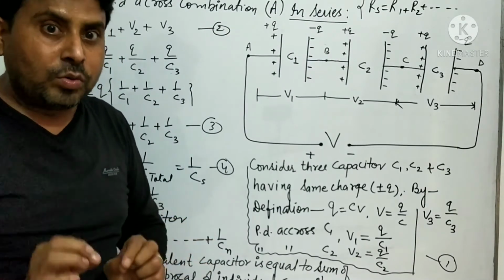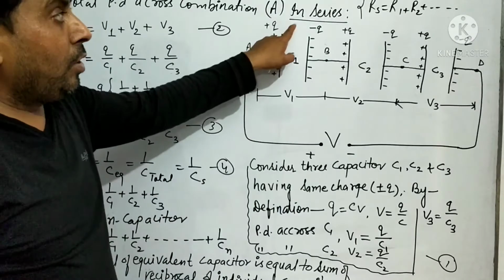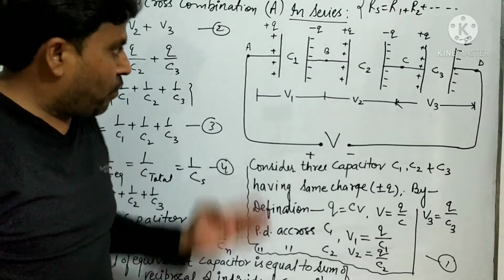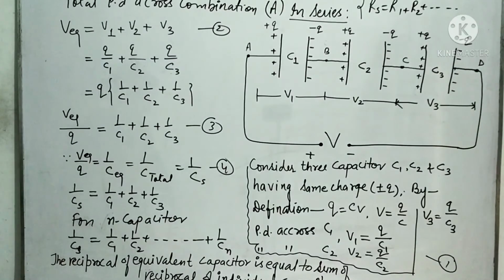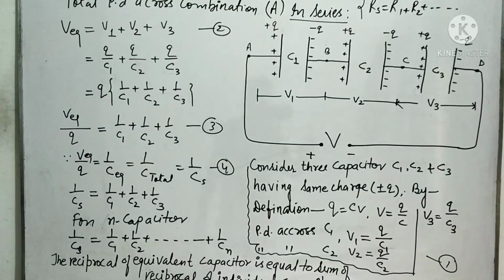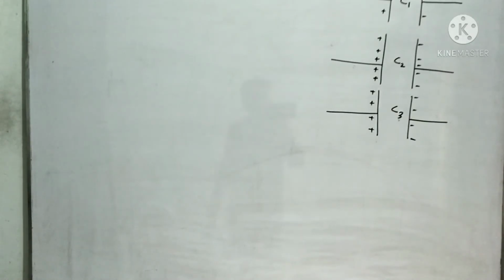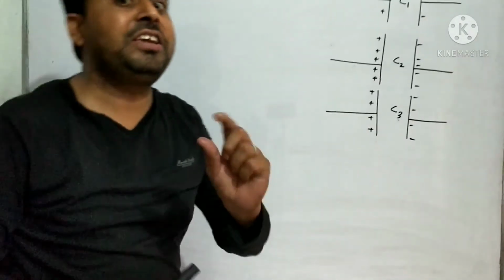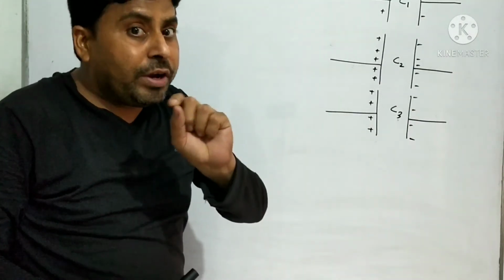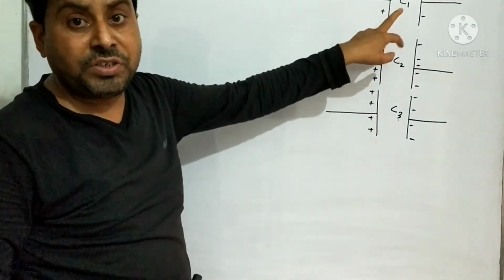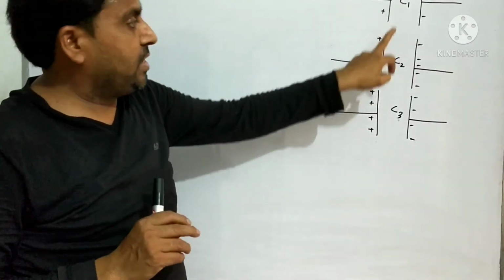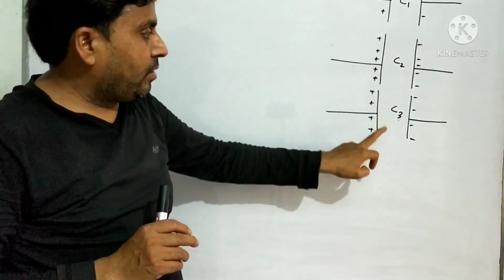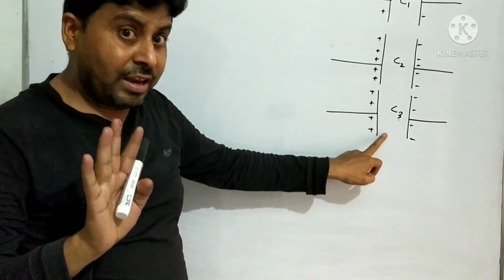Now the turn of the parallel combination. I want to rough out the material; you can take one screenshot. Now consider the combination of 3 capacitors with individual capacitances: the first C1, the second C2 and the third C3.